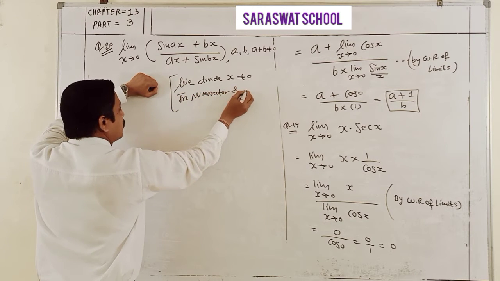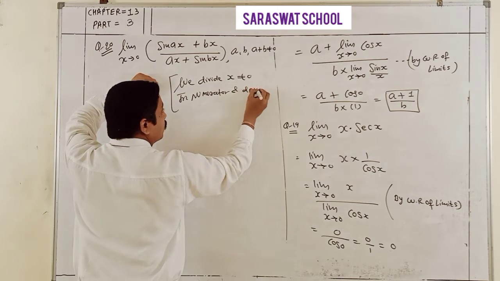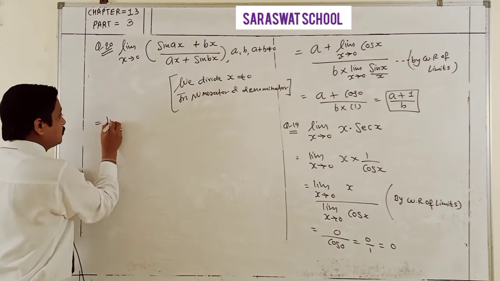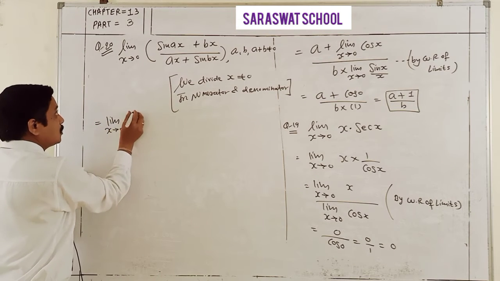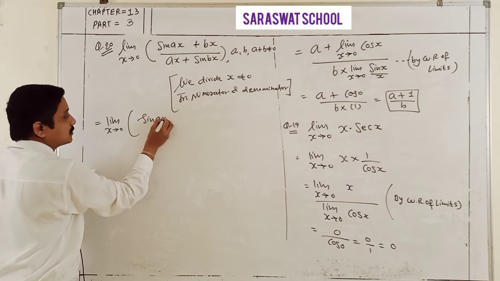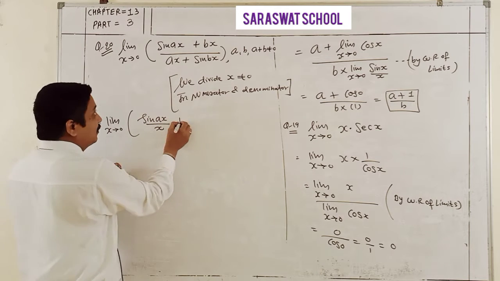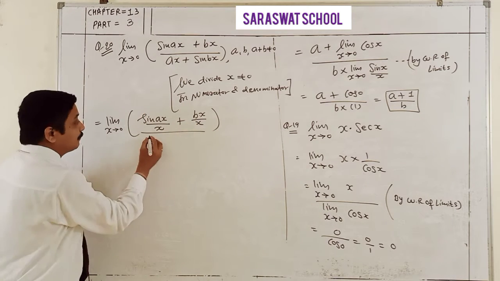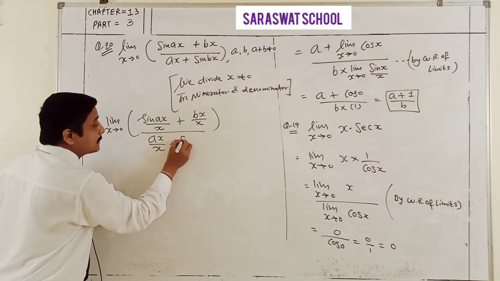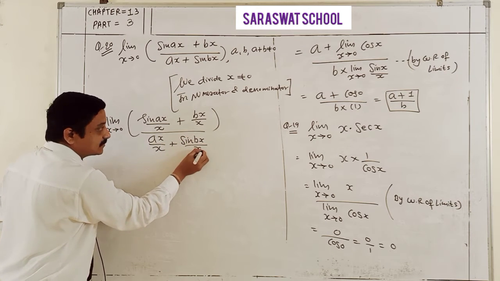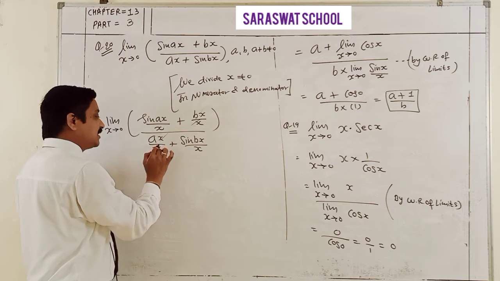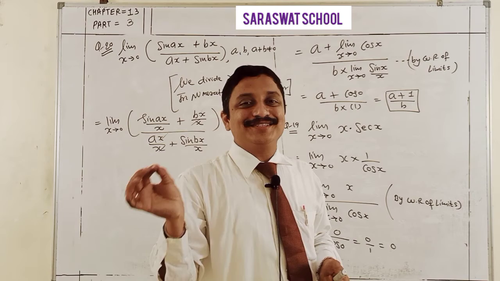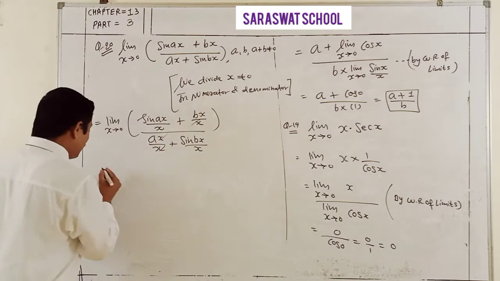So you get one little point: sin ax by x plus bx by x, upon that also the same upon x. So this cancels, that cancels, and internally simply apply the balancing of coefficients.